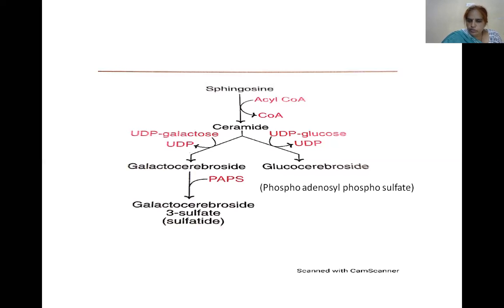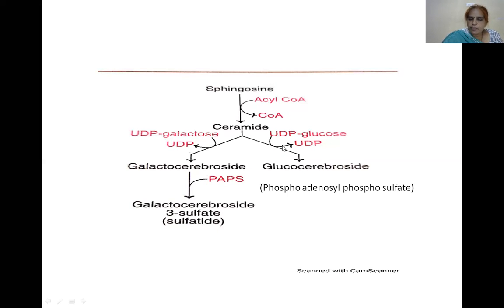After formation of galactocerebroside, it combines with PAPS, phosphoadenosyl phosphosulfate. After condensation with PAPS, galactocerebroside produces galactocerebroside 3-sulfate.